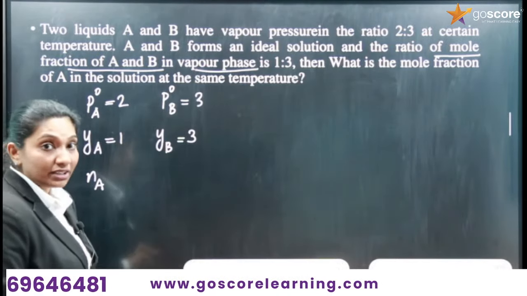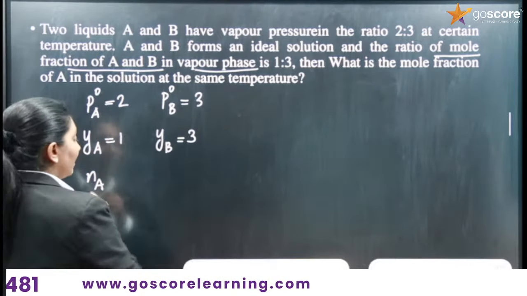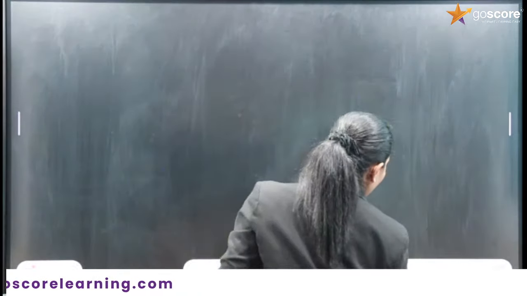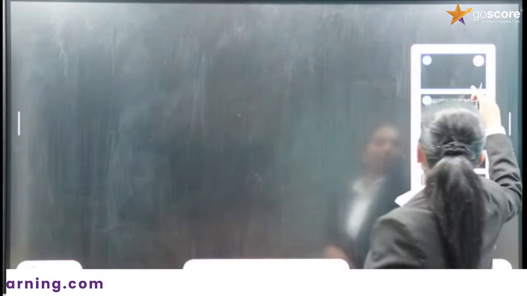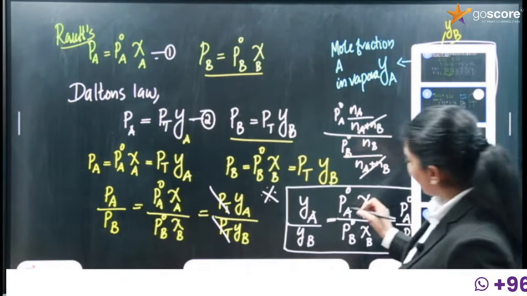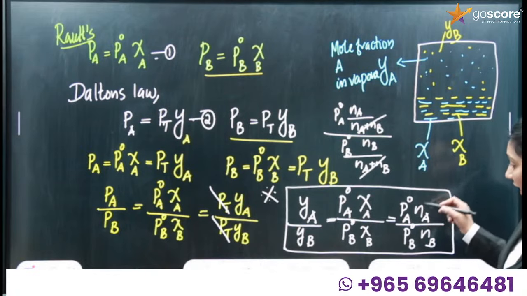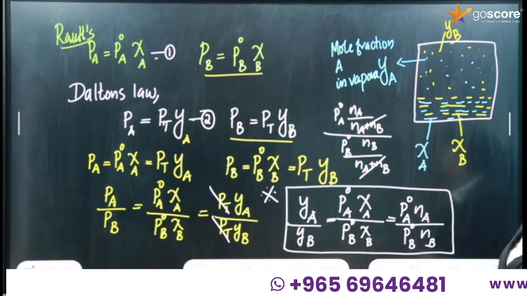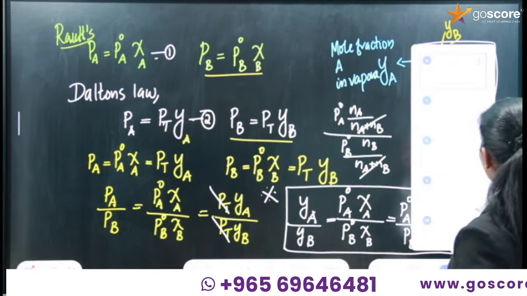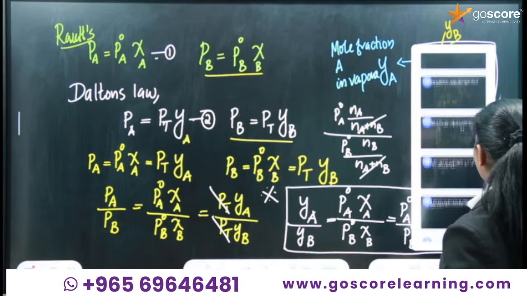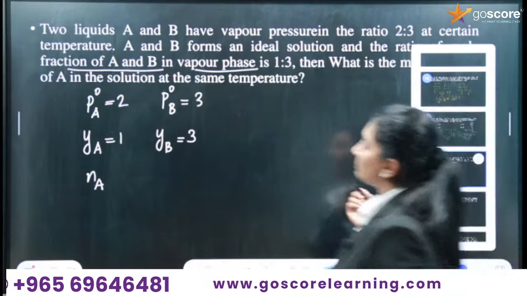So how will we find it out? See what we learned from the equation. YA by YB is equal to P naught A NA by P naught B NB, right? So substitute into that equation and you will get the answer.